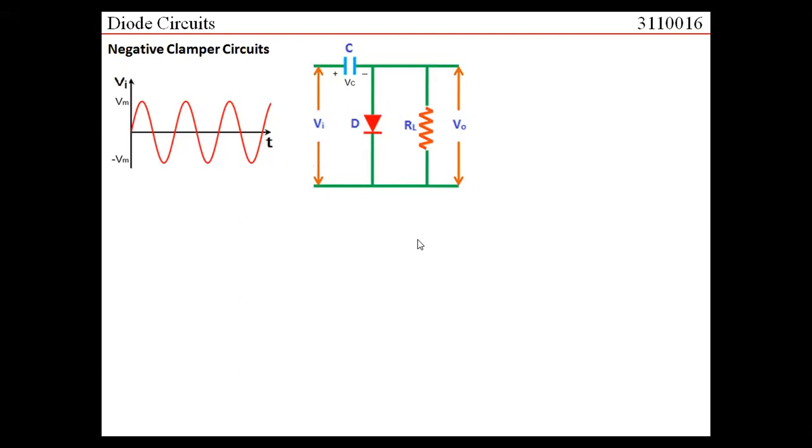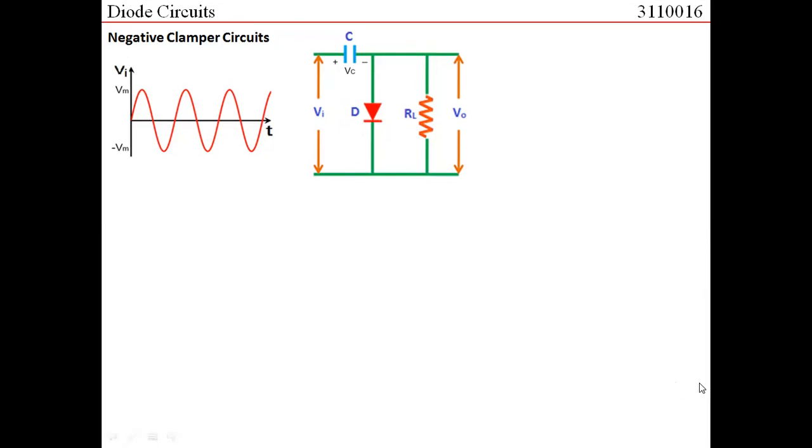Let us first try to estimate what the output voltage V0 would be when the diode is on, and when the diode is off. If the diode is in the on condition, then ideally the diode works as a closed switch, so this branch is short circuit. The voltage across a short circuit branch is zero.